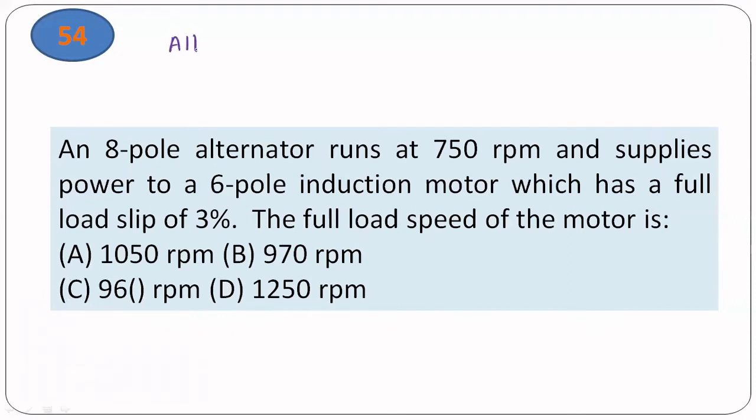For the alternator, if I have to calculate Ns, then you know that is 120 F by P. Okay. So since nothing is mentioned about the frequency here, let us take this as 50 Hz.